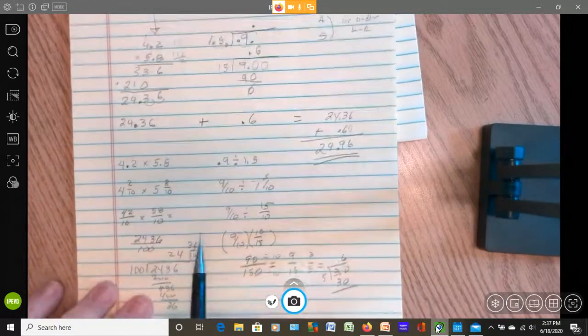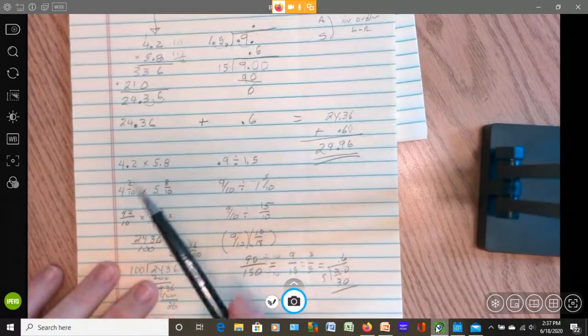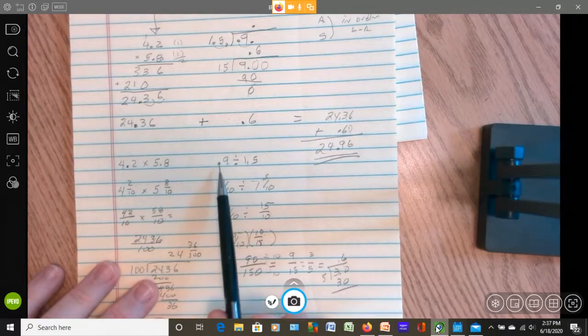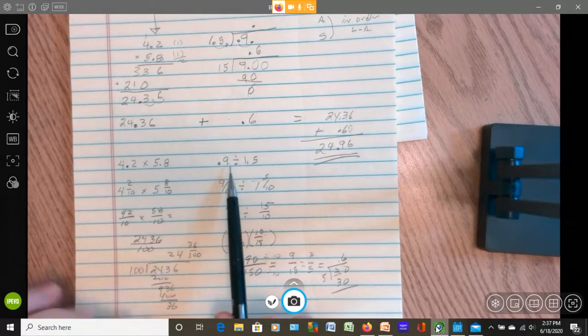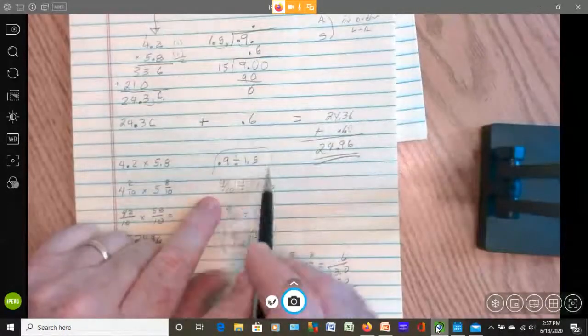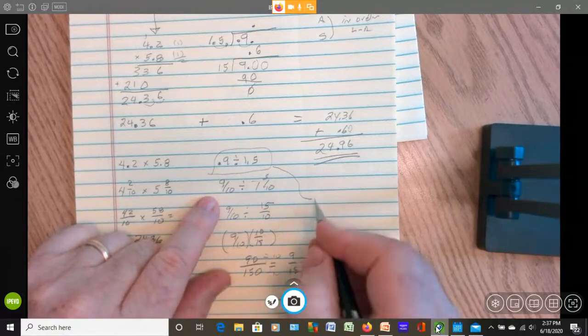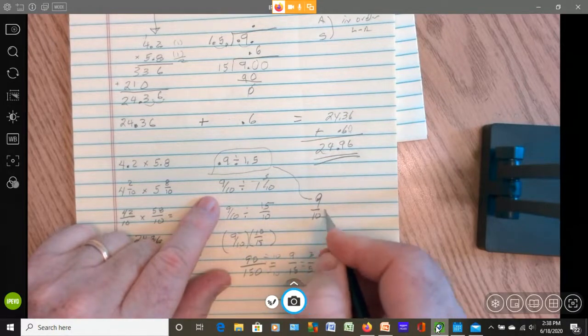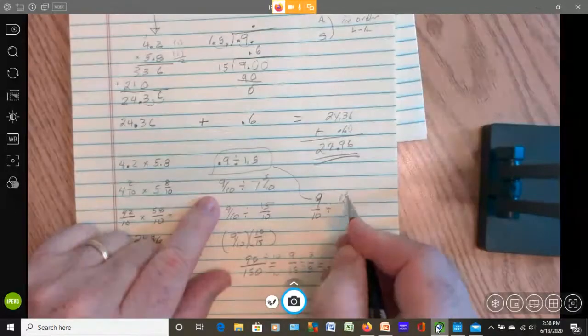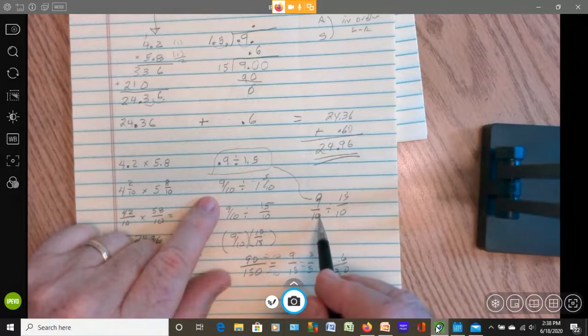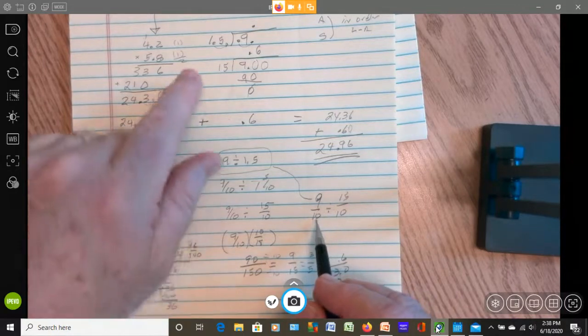Now, please notice that through all of this, if you want to see me justify the decimal point movement, watch this. 9/10 divided by 15/10. Converting this by moving the decimal point one place to the right, and that's what I did in both of these.